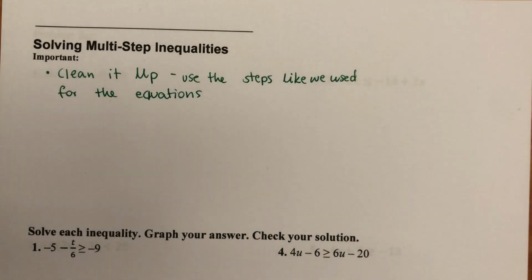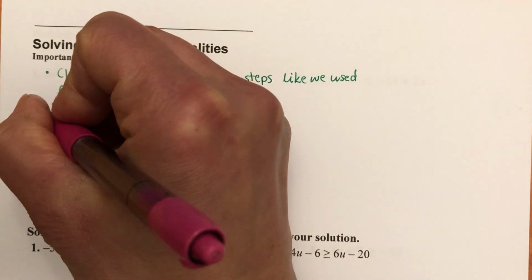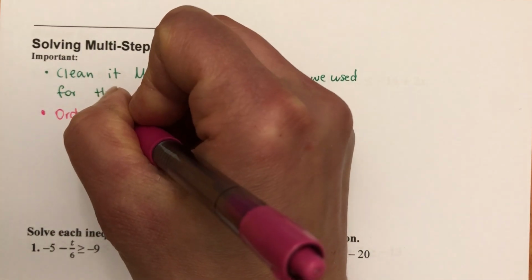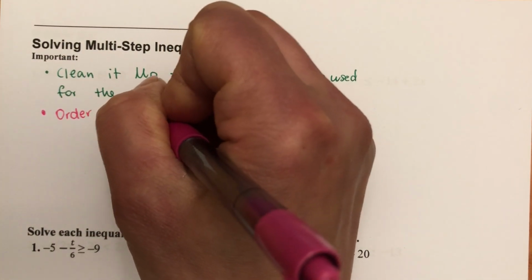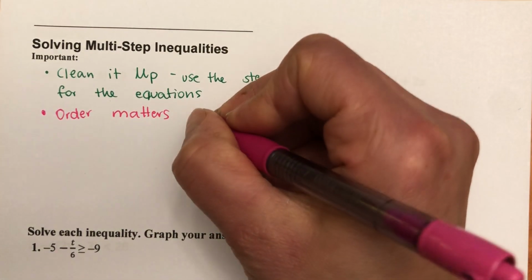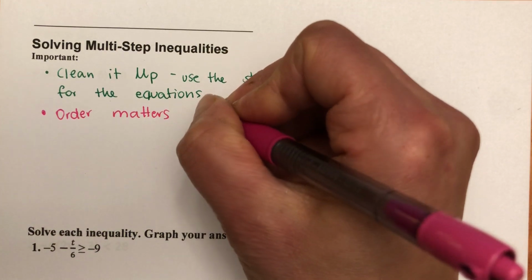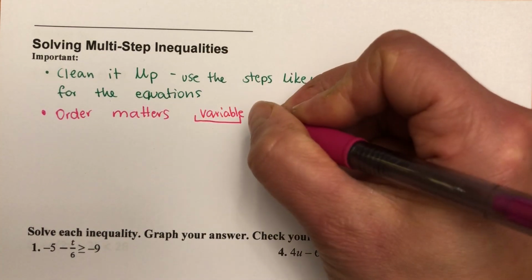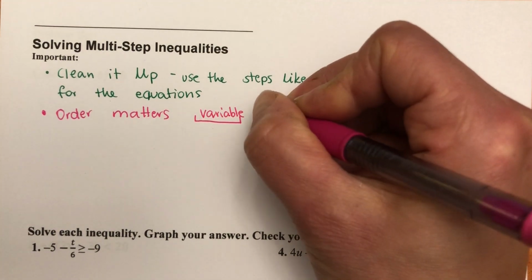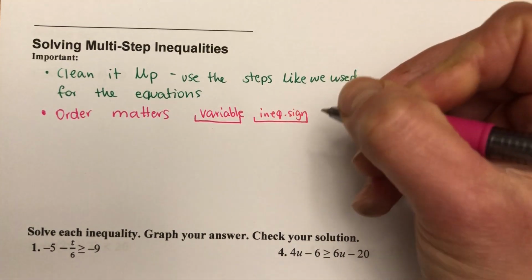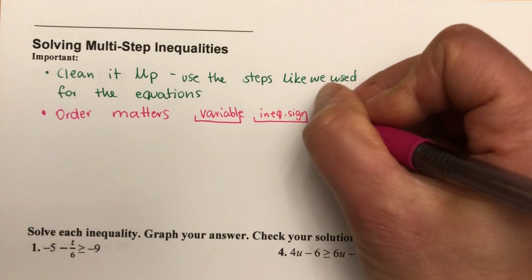All right, now the second thing is the order will matter. What do I mean by this? I want to have a variable first, then I want to have the inequality sign, and then I want to have my number.